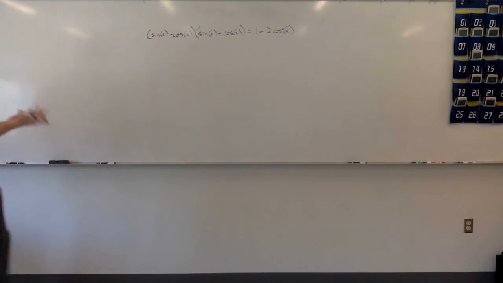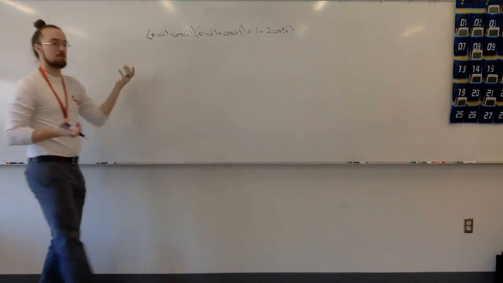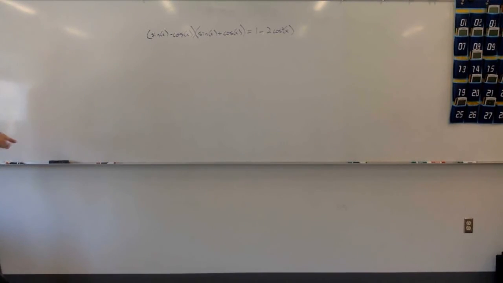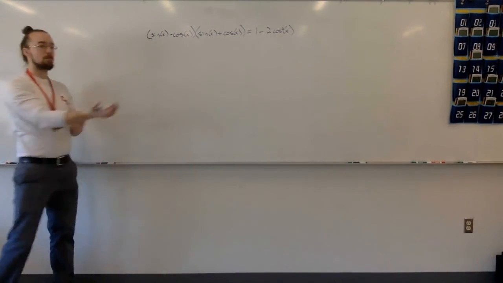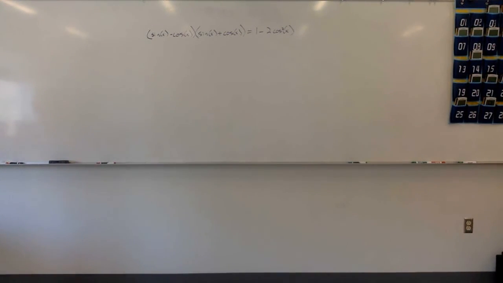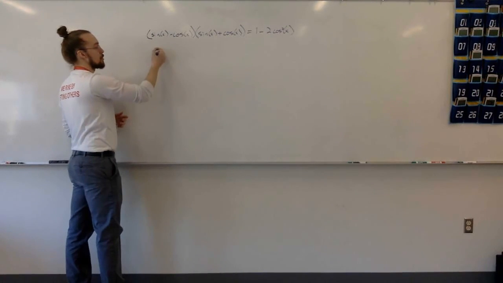since it's set up as a binomial times a binomial, let's just go ahead and multiply it out. Alright, let's multiply out the left side. So double distribute or FOIL, whatever you want to call it. Sine times sine would be sine squared.